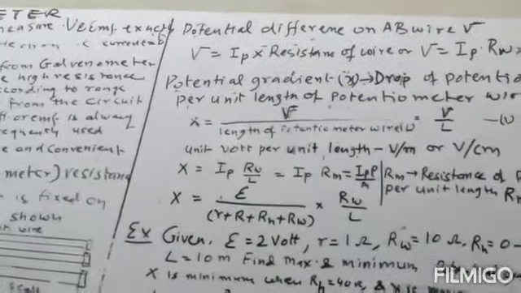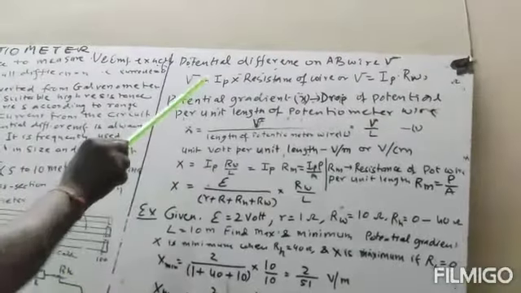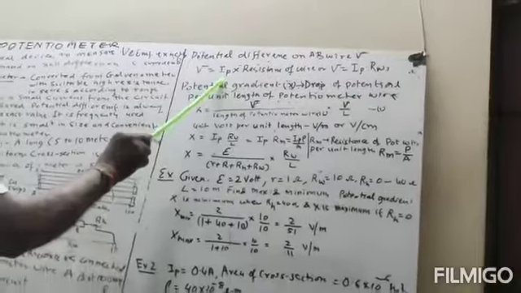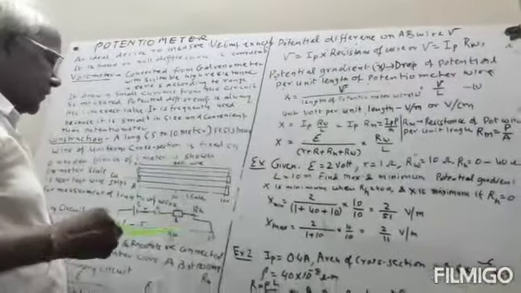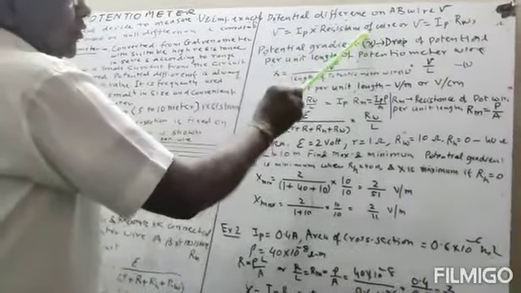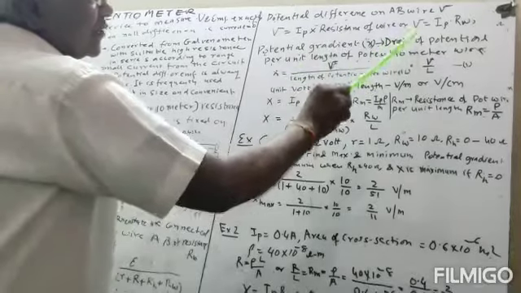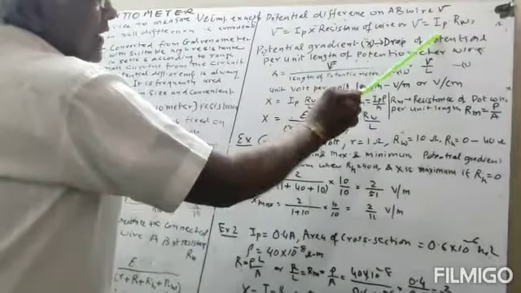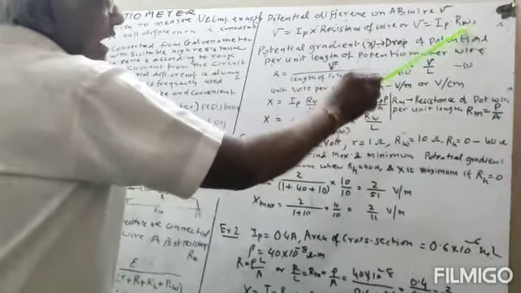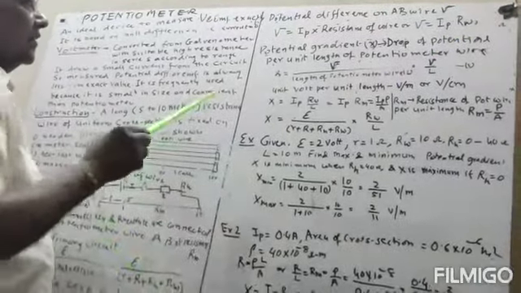So this will be equal to the current passing, that is IP, the current in the primary circuit, multiplied by the resistance of the potentiometer wire. So this V will be equal to IP into Rw, where Rw is the resistance of the potentiometer wire.